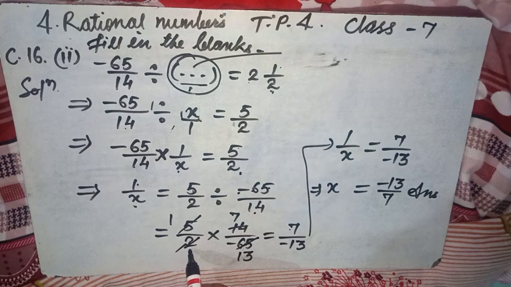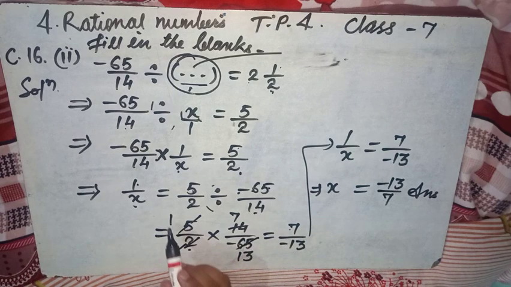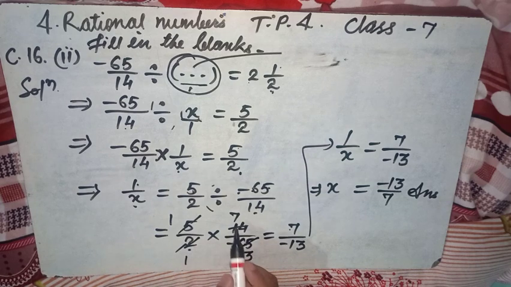Now 5 by 2 as it is, here we change this operation to multiplication, and you will also change 14 by minus 65. Here 5 ones are 5 and 5 thirteens are 65. Okay, 2 ones are 2 and 2 sevens are 14. Okay, 1 multiplied by 7 is 7. Here 13 ones are 13, this is minus 13.